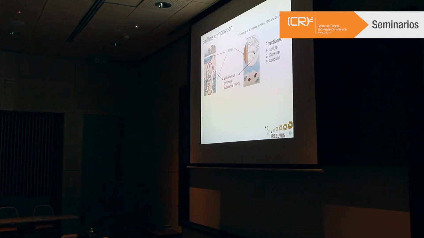And you have at the end also the colloidal fraction, which is a bit further away from the cell. And basically, the biologists are able to separate all these fractions from the biofilm liquids. And so they gave us the cellular fraction, capsular fraction, and colloidal fraction to be tested.